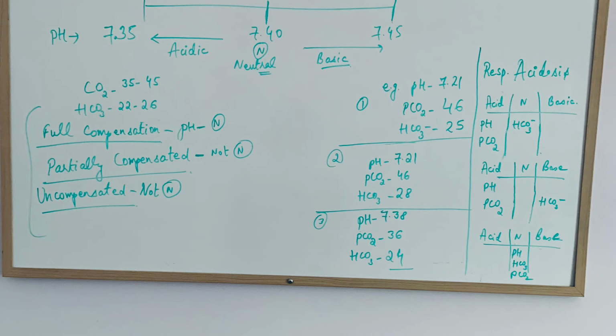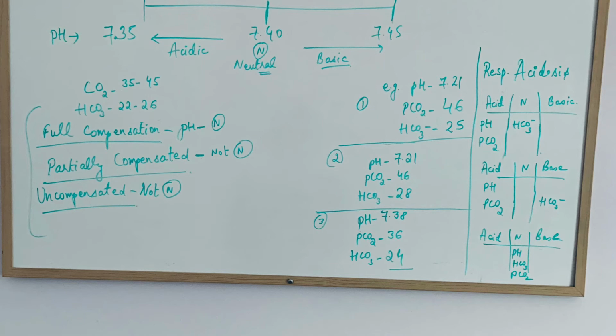For compensation, the value of bicarbonate will go up, so it's in the basic condition. It is trying to compensate the acidic condition, but it failed because the pH value is not normal. So it is partial compensation. The bicarbonate ions are trying to compensate the acidic condition, but they are not fully compensating. So that is partial compensation.